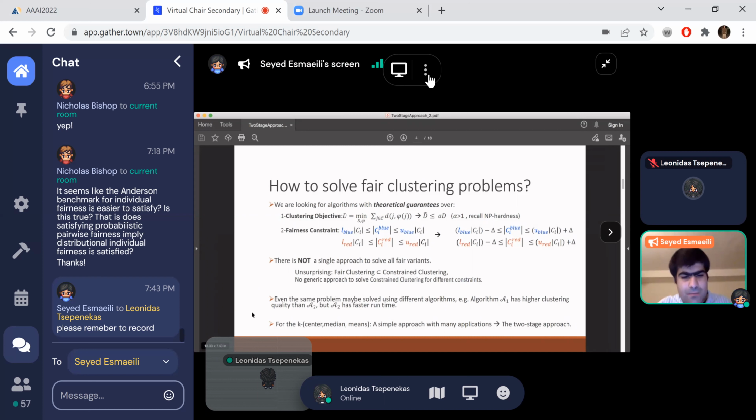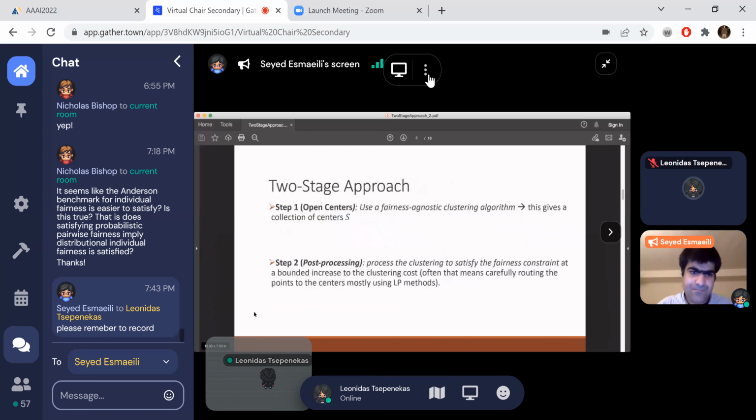Now, as we spoke about, for the center-based clustering paradigms, k-center, k-median, and k-means, we have the two-stage approach, which is a simple approach with many applications. That is, it was able to solve a large collection of fair clustering problems. So what does the two-stage approach look like? Well, it consists of two steps. In the first step, you open the centers, you decide the centers. You do that by using a fairness-agnostic clustering algorithm.